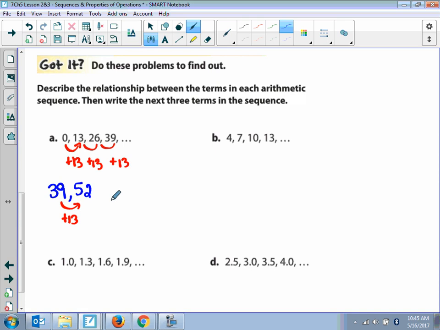So there's the first term that we're looking for. Now we want to find the next one. So we're going to add 13. Very good. And then we're going to add 13 again. Very good. And that's all there is to it.